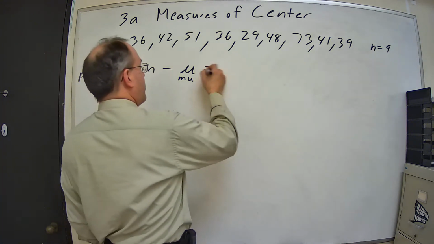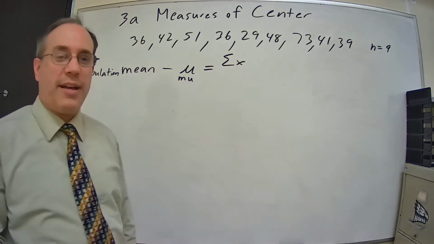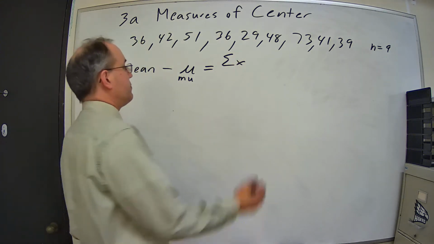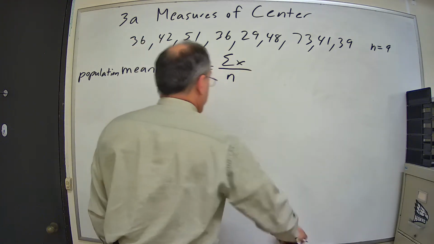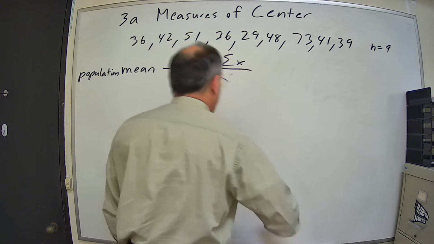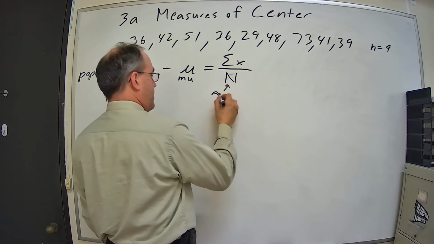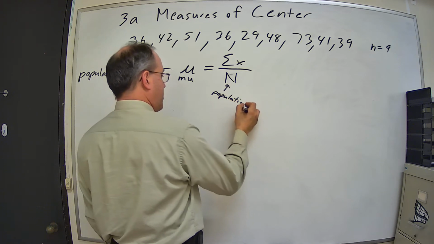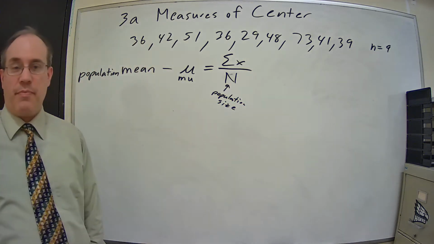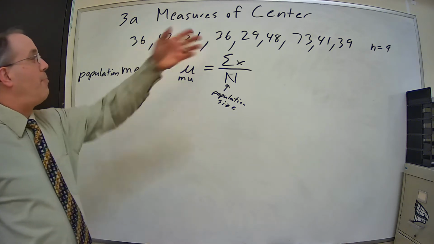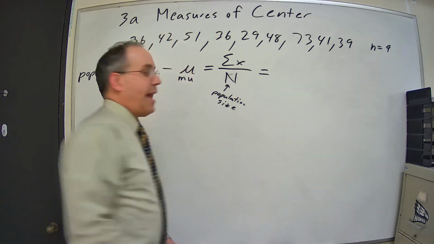It's found by summing up the data points, so the sum of x, where x is any particular data value, and dividing by the actually the population size, which is capital N. So I'm just going to put that down for a population size, capital N.